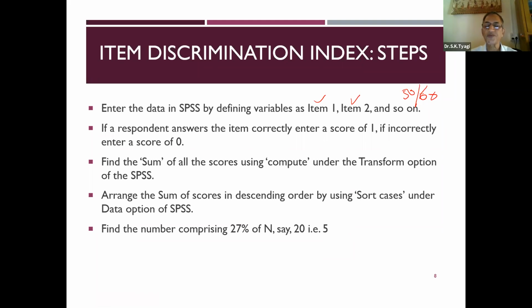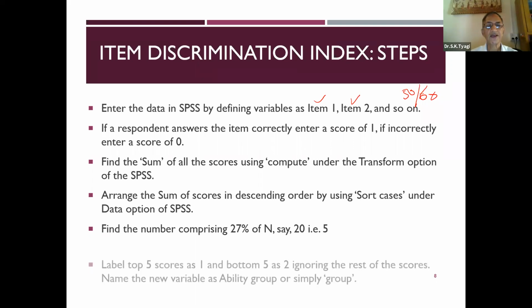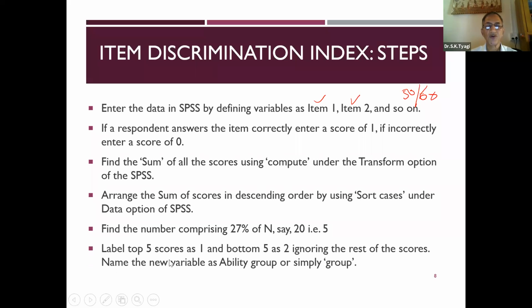So the top 54 will be the upper group, and the bottom 54 will be the lower group. The rest of the cases are ignored. Then label the top 5 scores as group 1 and the bottom 5 as another group, ignoring the rest of the cases. Name this new variable as ability group.